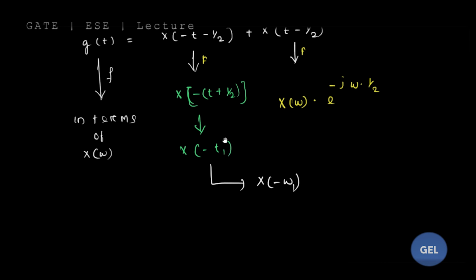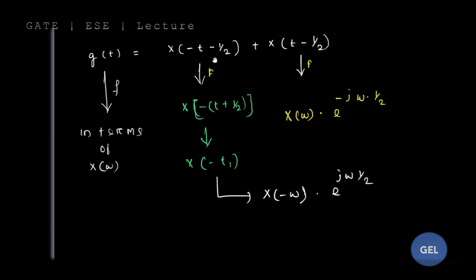Now if you break t plus 1/2 in your mind in the frequency domain, you can represent it as minus omega into e to the power, for t plus 1/2, e to the power j omega 1/2. This is the concept that I wanted to share with you. Please do solve it in this way. Please do take a common of minus, okay? And if there is this kind of condition, please do it in this way.